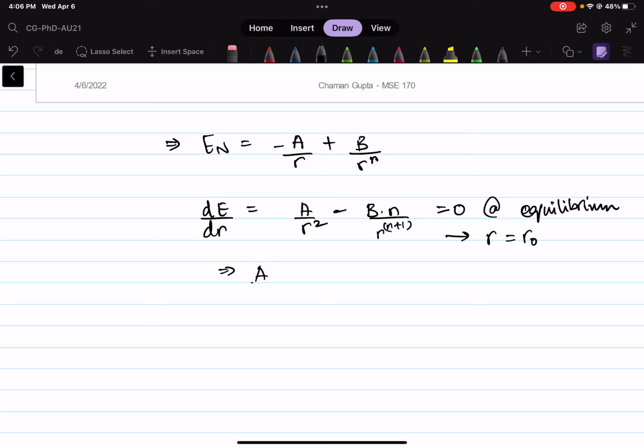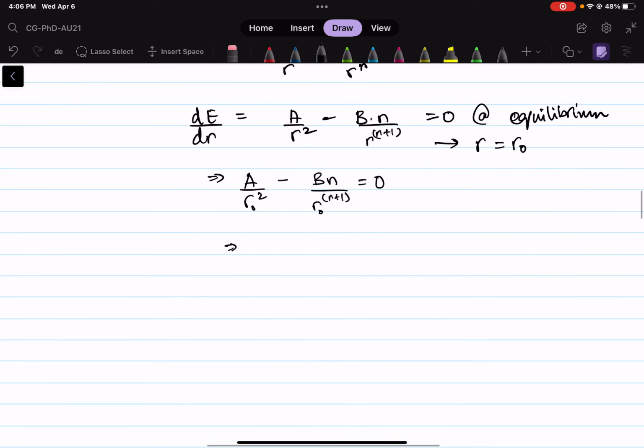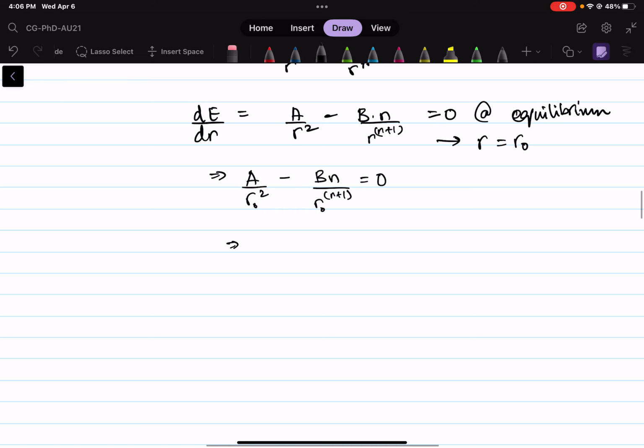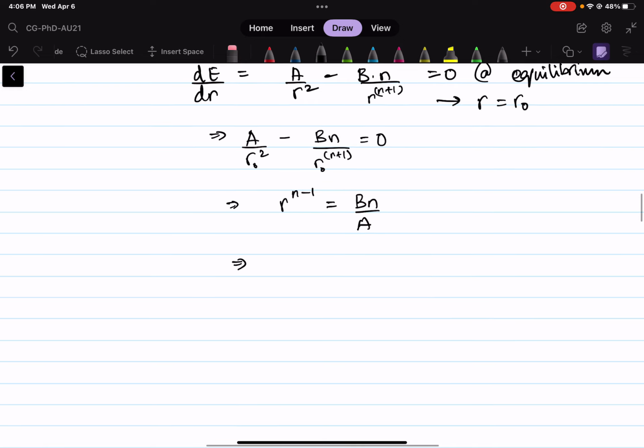So you can write this in this format: A over R naught square minus Bn over R naught to the power N plus 1, and this should be equal to 0. If you solve this, it will look something like this: R to the power N minus 1 equals to Bn divided by A. So your R naught would just be Bn divided by A whole to the power of 1 over N minus 1.